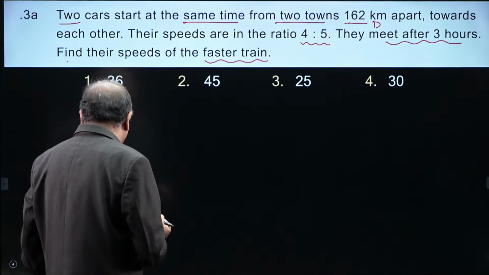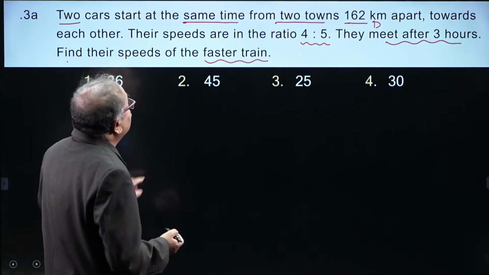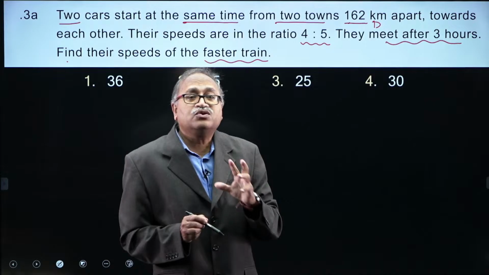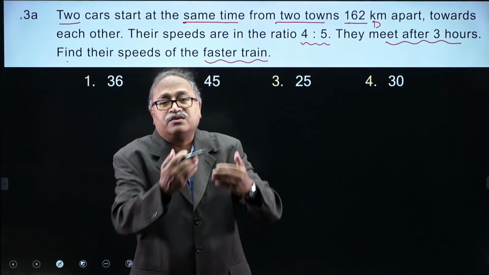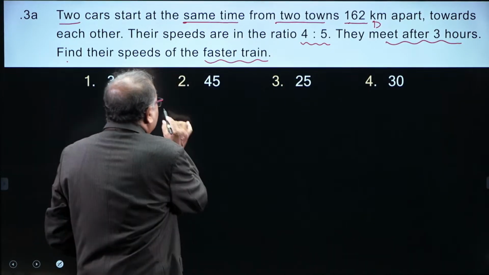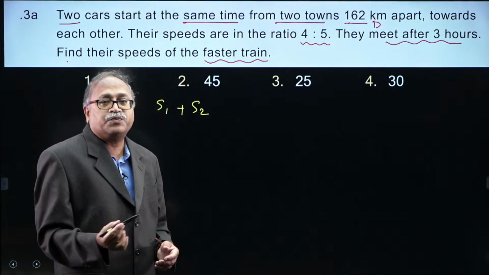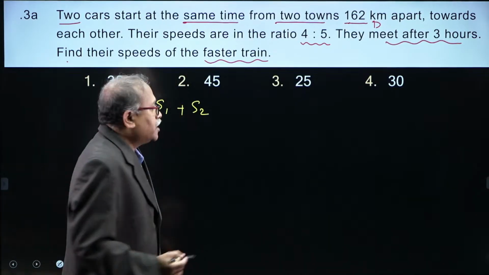What I know over here is they meet each other after 3 hours. So, what is the relative speed when they are moving in opposite directions? That is S1 plus S2, train 1 speed plus train 2 speed. And what is that speed?